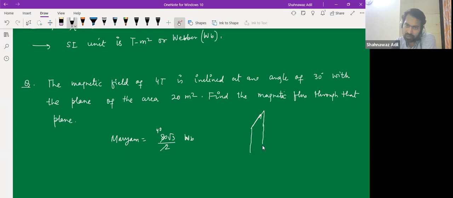We have this plane, and the magnetic field is inclined at 30 degrees. Then we have to figure out what is BA cos theta.